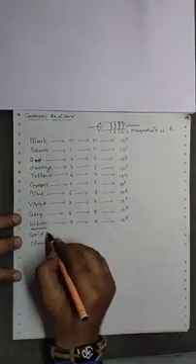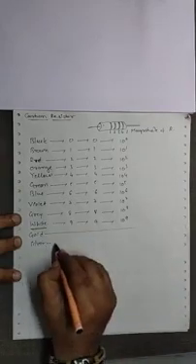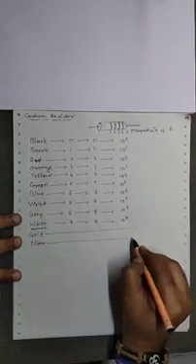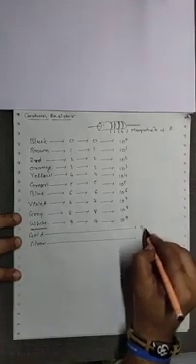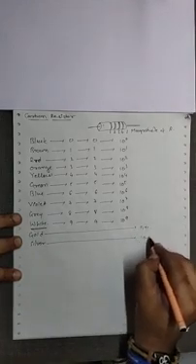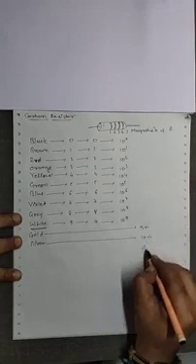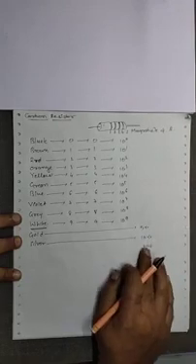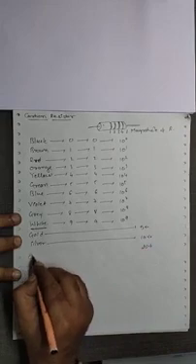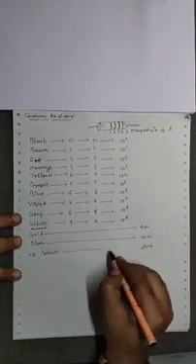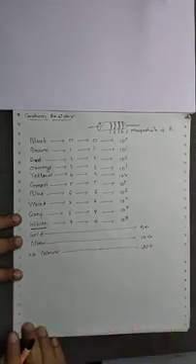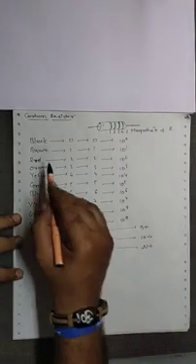And for gold and silver, you have to take 5%, 10% and 20%. 20% for what? If there is no color. Got it?